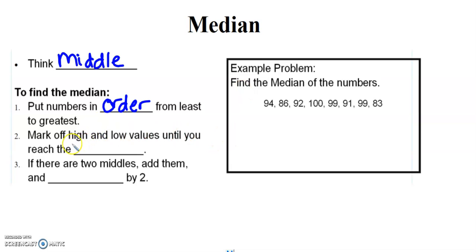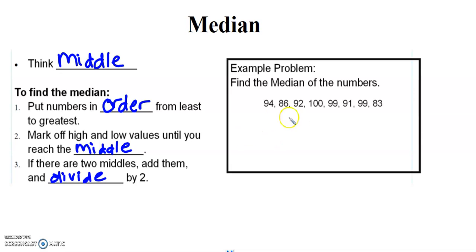After we put them in order, we're going to mark off high and low values until you reach the middle. And if you happen to have two numbers that are in the middle, you need to add them together and divide by 2. So sometimes the middle will be one number and sometimes it's 2. And if it's 2, you need to add and then divide by 2.